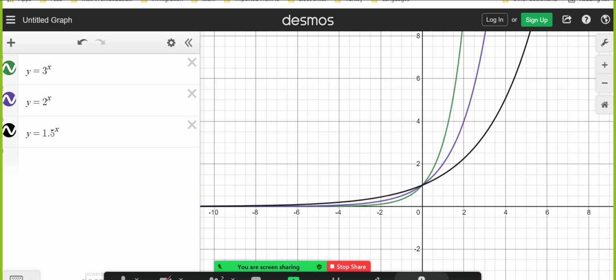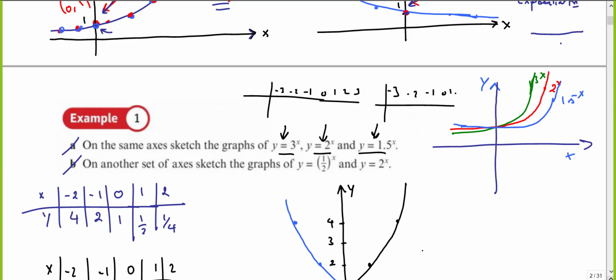But when you do it using a table, it has to be in your head, you have to understand this concept that when you have 3 power x, when I sketch 3 power x it should be the highest. This is 3 power x.